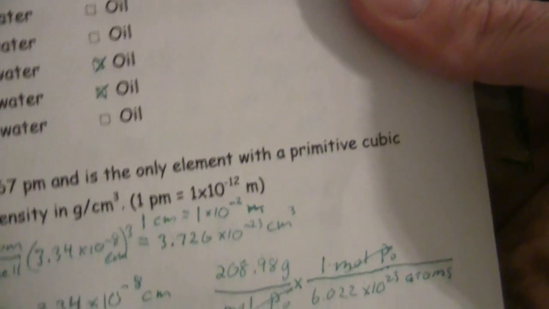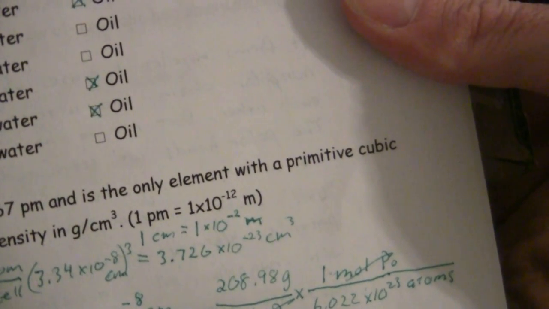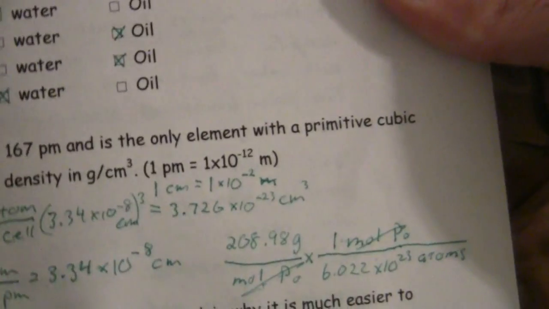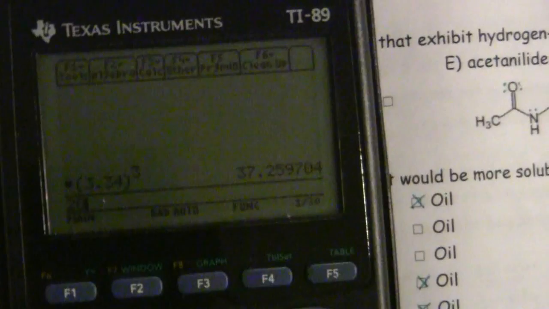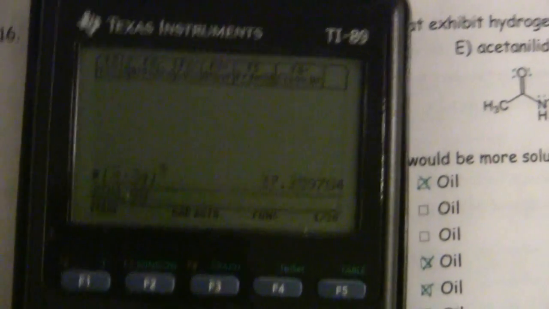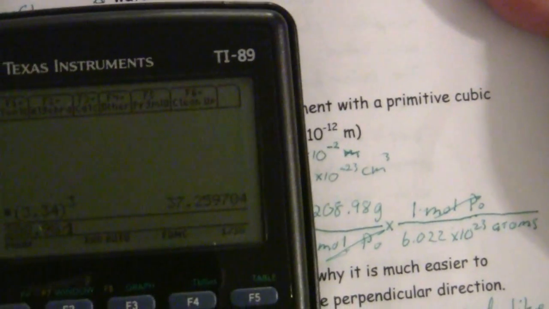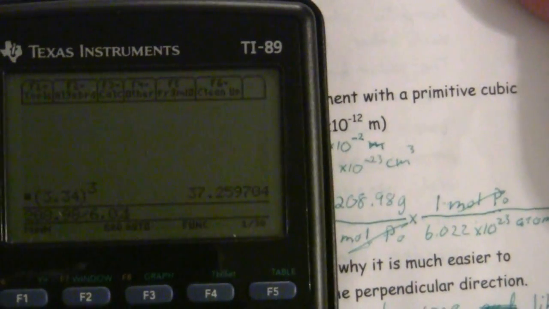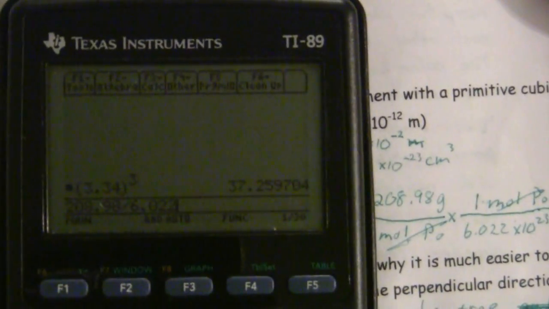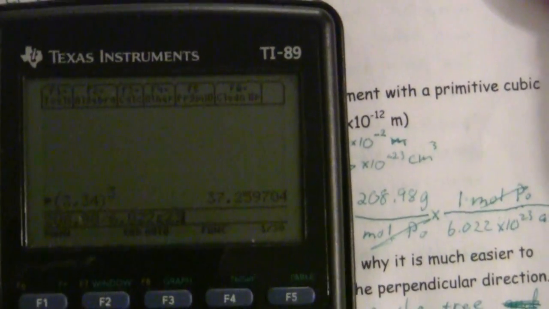So if I put that in on the calculator, let's see, 208.98, and we're going to divide this by 6.022 times 10, which is the little e, to the 23rd.